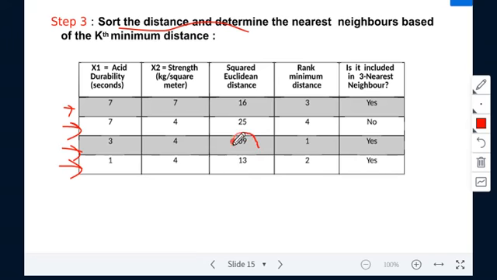Out of this, 9 is the smallest, so the rank given is 1. Then next is 13, so the rank is 2. Here, instead of arranging it in order, we are giving the rank. Least distance is nothing but more closeness, so the rank is 1, 2, then next is 3, 4.